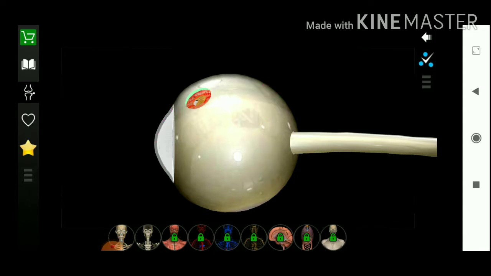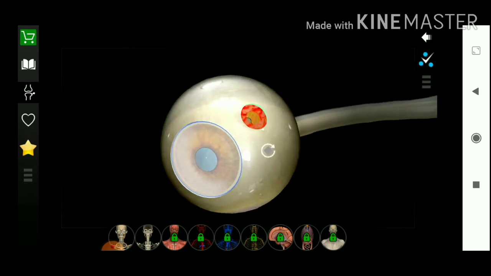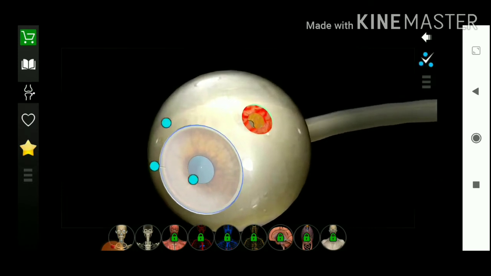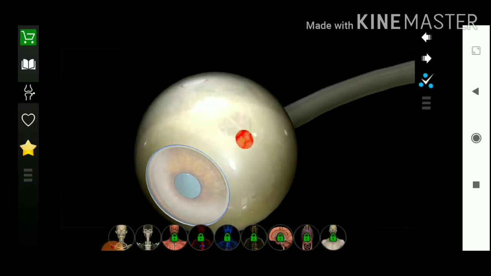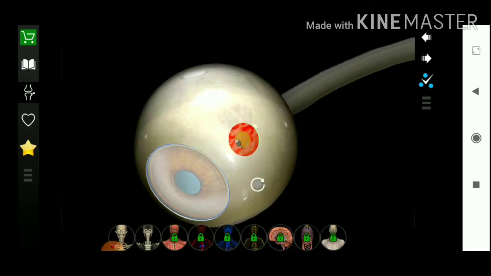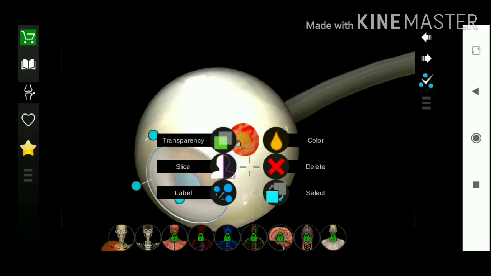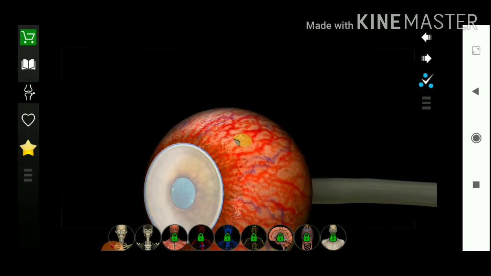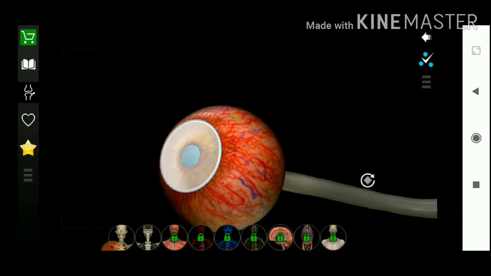Now, let us remove the outermost structure. You can see this is the second layer of our eyeball.